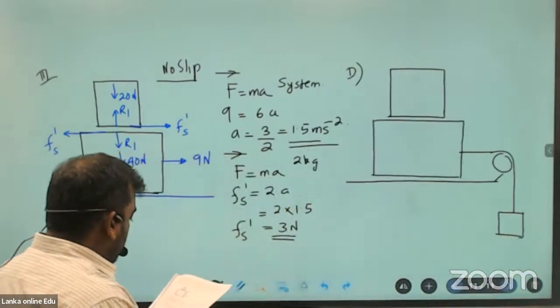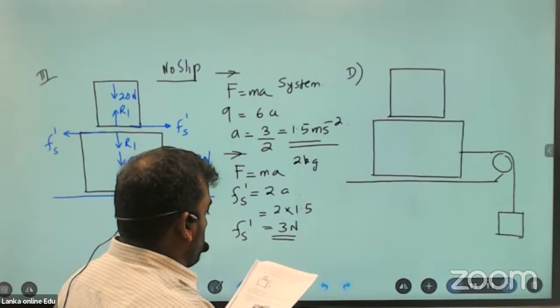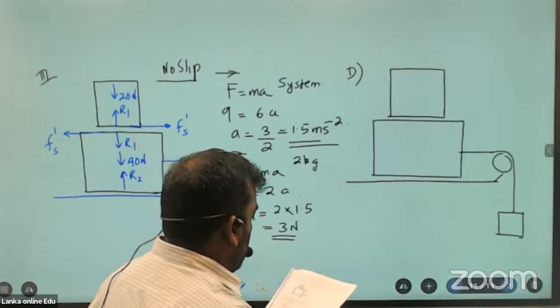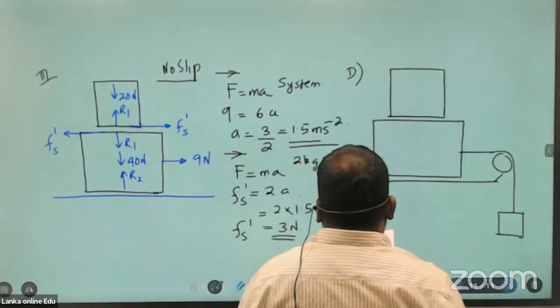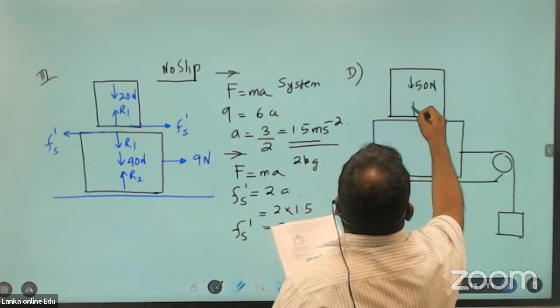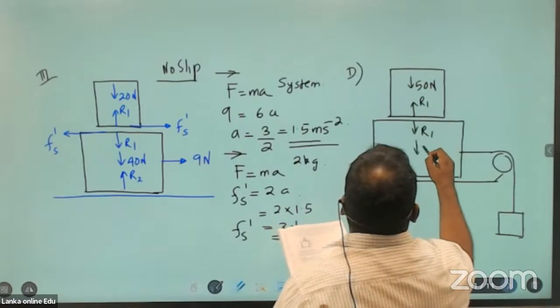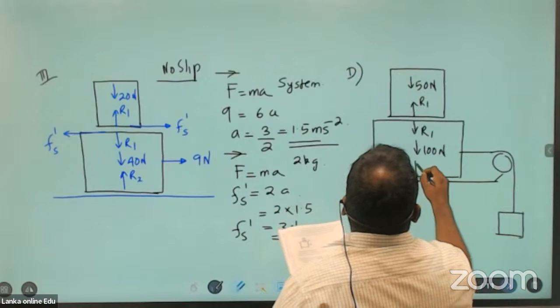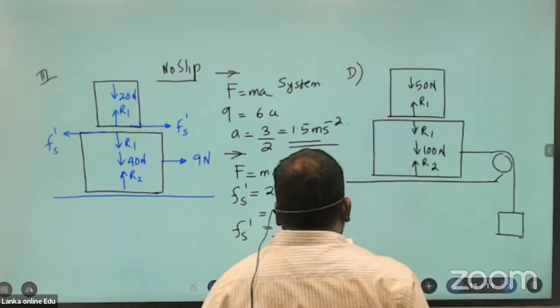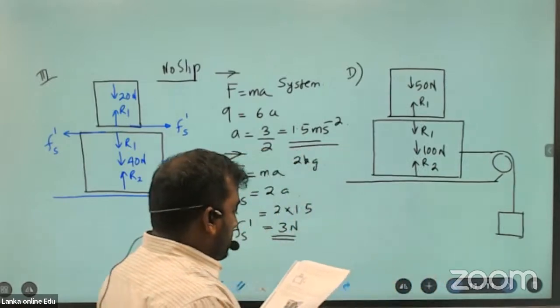The string is connected to M2. 50 newtons, normal reaction, equal and opposite normal reaction. 10 kg, 100 newtons, normal reaction R2.